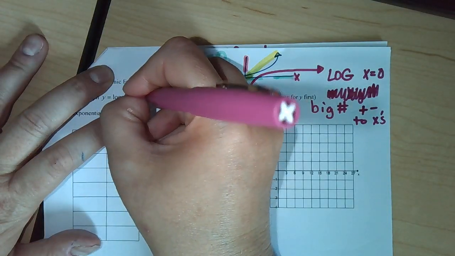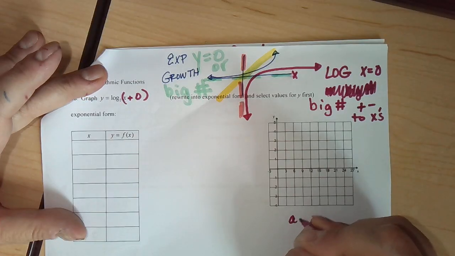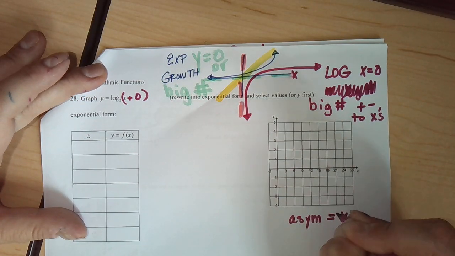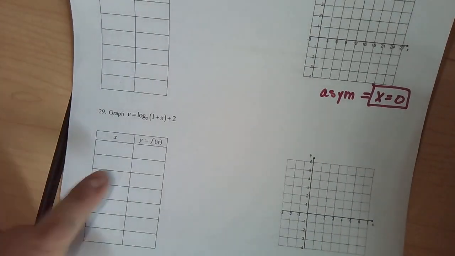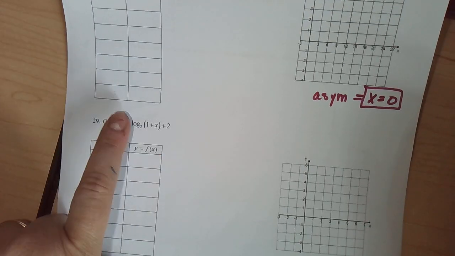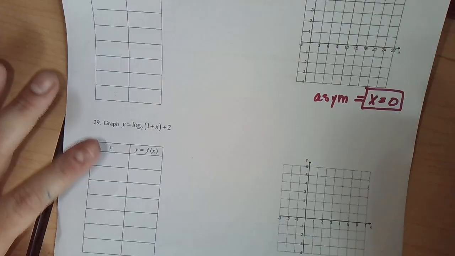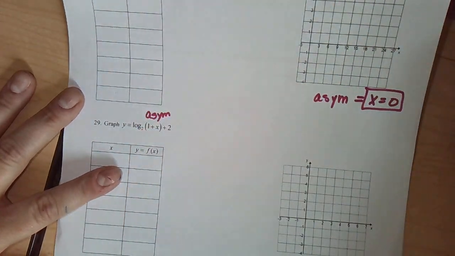It's like plus 0. So this asymptote is still going to be at x equals 0. I wrote that kind of weird, but whatever. Okay, let's look at the one below. Oh, we're adding a 1 to our x. So that's probably going to be my asymptote.